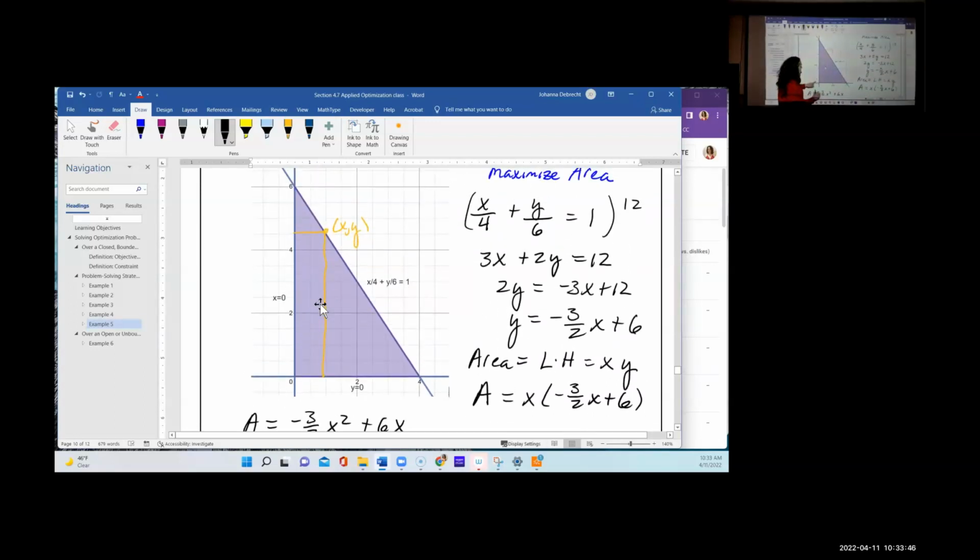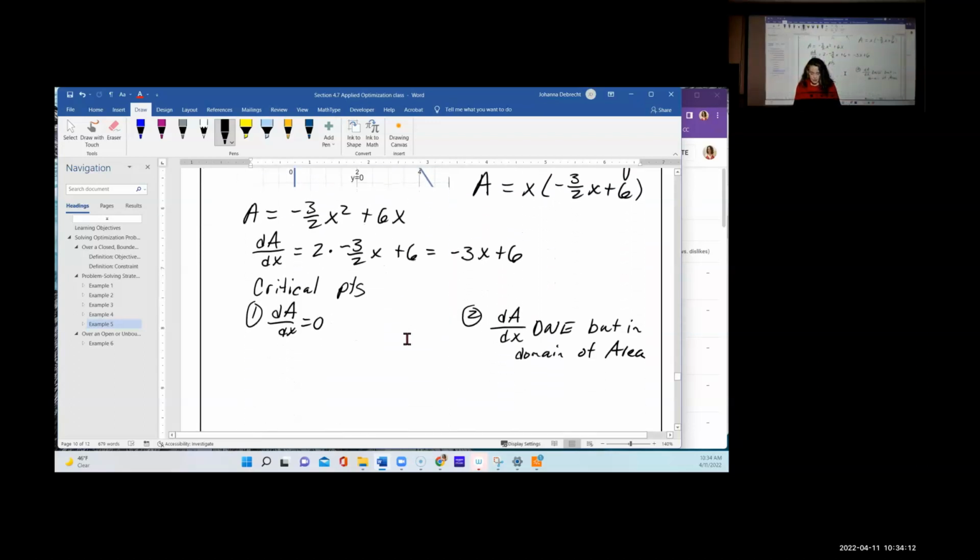Looking at the picture, I can tell that the maximum width for X is between 0 and 4. So I know that X has to be greater than 0 and less than 4. And I know that the Y value has to go between 0 and 6 because that's the maximum height of the triangle. So I do have constraints on both X and Y.